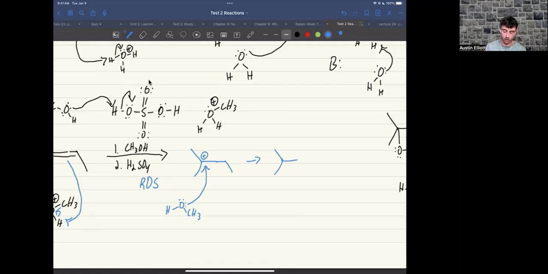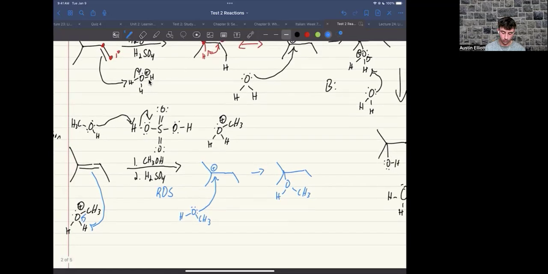which leaves us with this. We've added the group on, and it's always going to attach with the O. We still have that H and CH3. And then it has a positive charge.